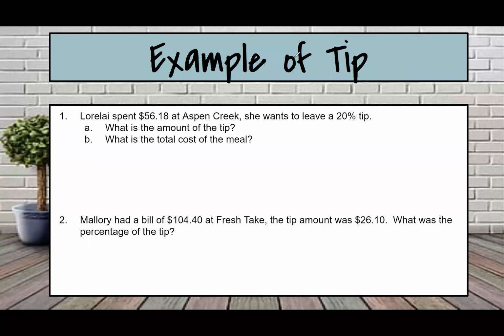Okay, so for A, to find the amount of the tip, you will do the original times the percent of the tip, and that will give you the dollar amount of the tip.